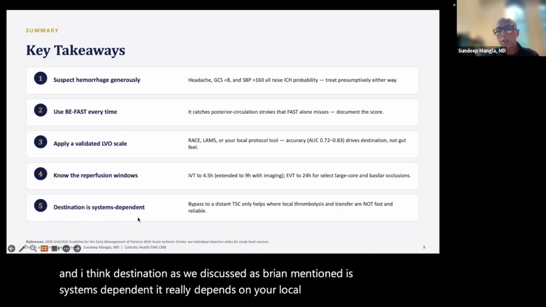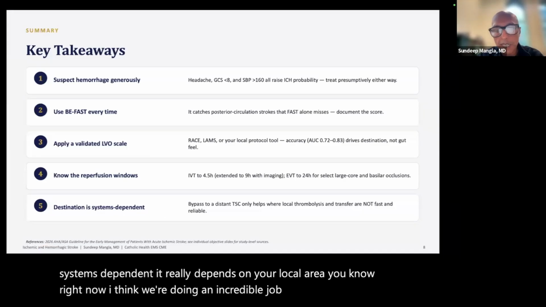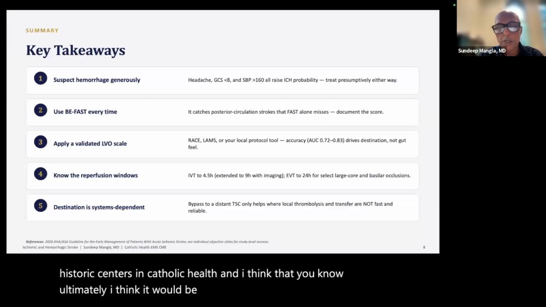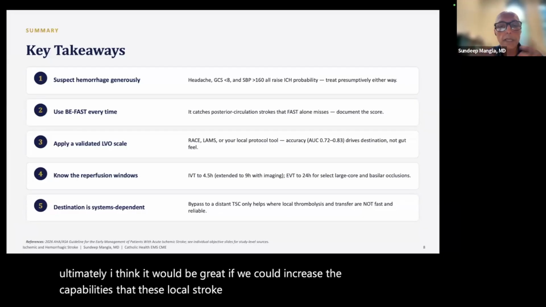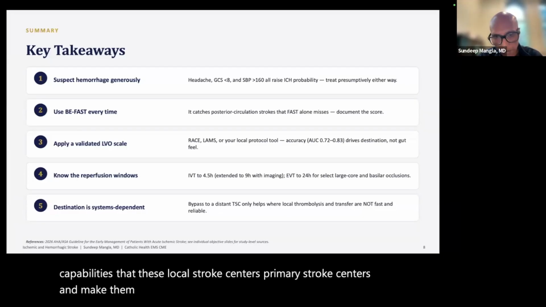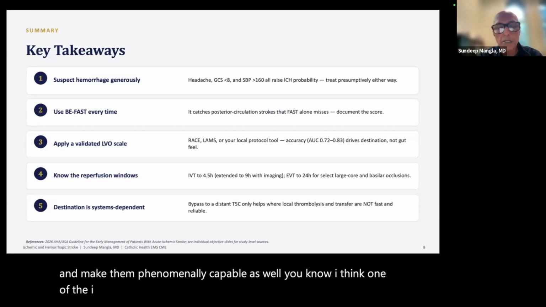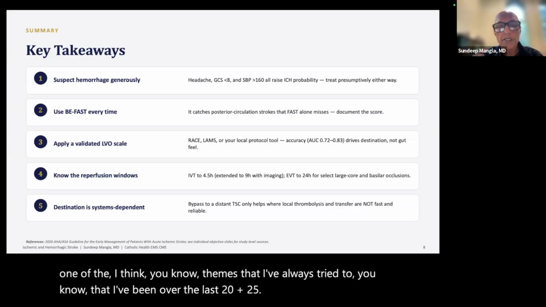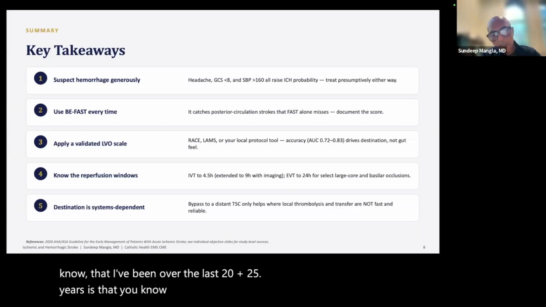Right now, I think we're doing an incredible job with our primary stroke centers in Catholic Health. And ultimately, I think it would be great if we could increase the capabilities at these local primary stroke centers and make them thrombectomy capable as well. One of the themes that I've had over the last 20 plus, 25 years is that sometimes it's better for the doctor to run.